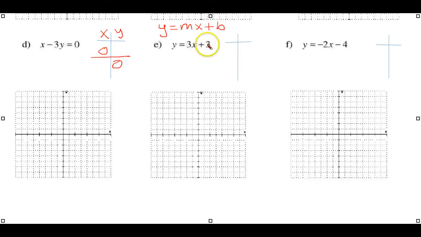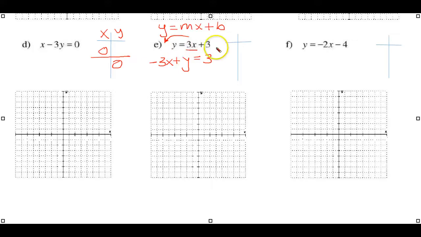Now this one isn't. So a strategy might be put it in standard form by taking this term, just moving it over to this side, so we get a -3x plus y equals 3.